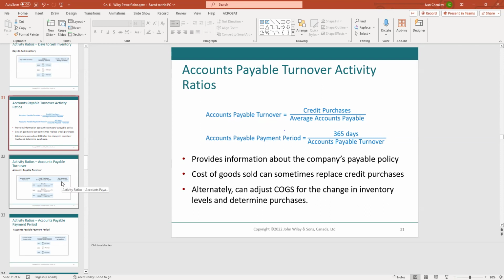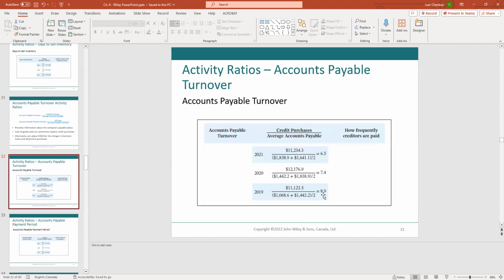Make sense? Okay. So as you can see, the credit purchases in 2019 and 2021 are almost the same, but the balances on accounts payable increased, so it's bad for the company, right?